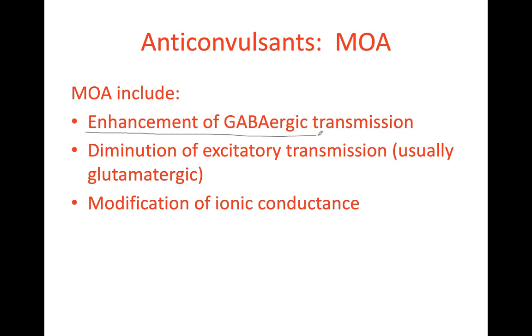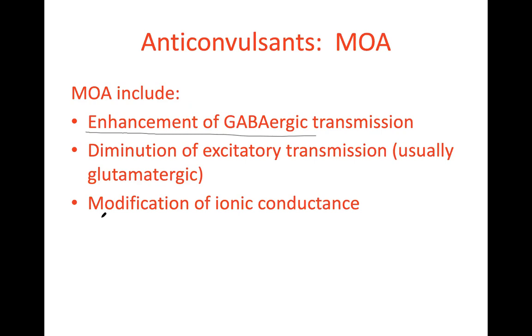So either enhance the inhibitory, i.e. the GABA, decrease the excitatory, typically the glutamate, or the other thing we see is a lot of these will modify ionic conductance. The electrical potential developed on the cell membrane is due to the different charges across the membrane.